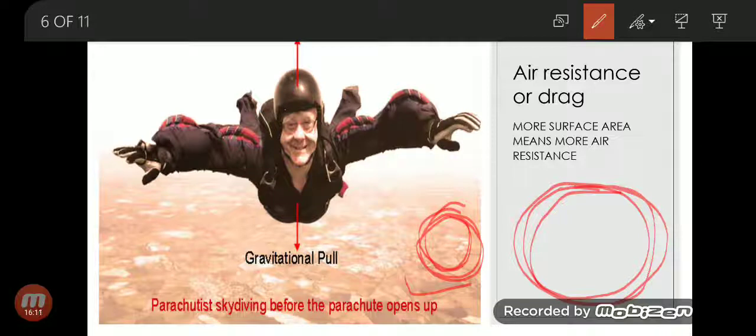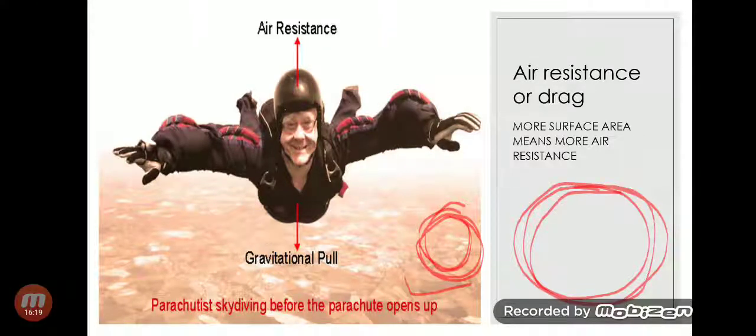So this person is in the lying condition, like he is lying on the bed. So he has more surface area, so he has more air resistance, and this will slow him down and he will fall easily on the ground, of course, with the help of a parachute.